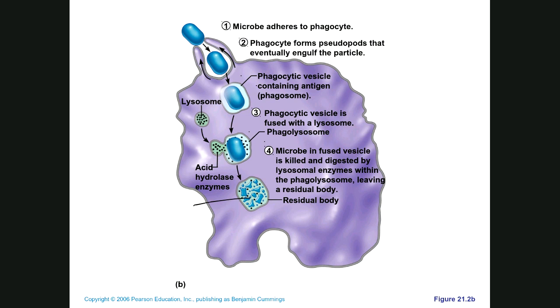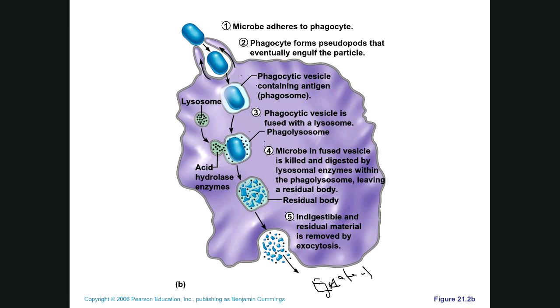So you've killed whatever it is. And all of this now is just garbage, what's called residual bodies. And most of that is just going to get ejected. So all of that indigestible material, at least most of it, gets ejected. Any questions about that?